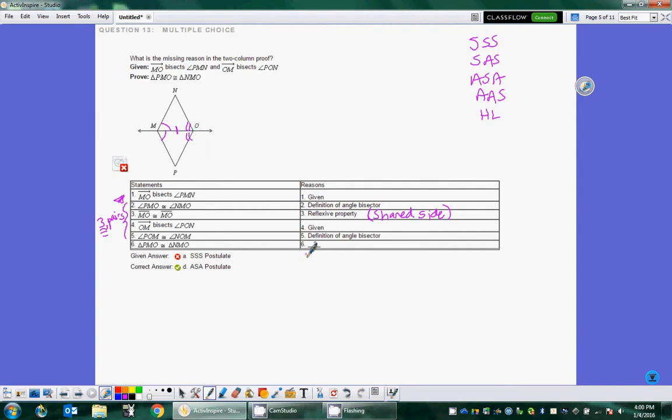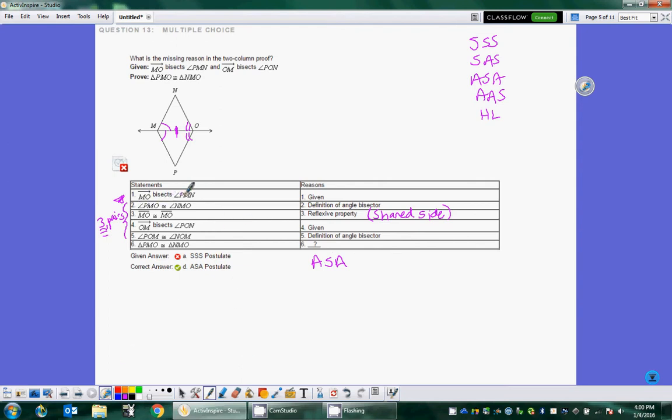Okay. All right, so next here, it says, can you use side angle side, angle side, or both to prove the triangles are congruent?